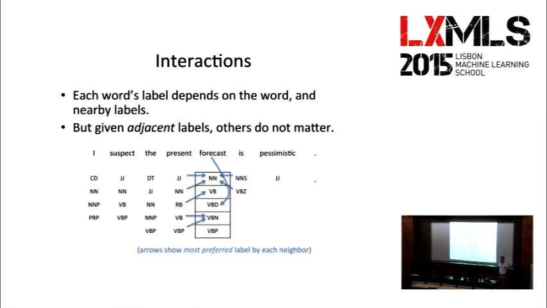Right? There's this first order Markov assumption that says everything I need to know about the distant past is captured by the previous state, and everything I need to know about the distant future is captured by the next state. So this gives us a starting point for thinking about how we can efficiently find the optimal sequence.